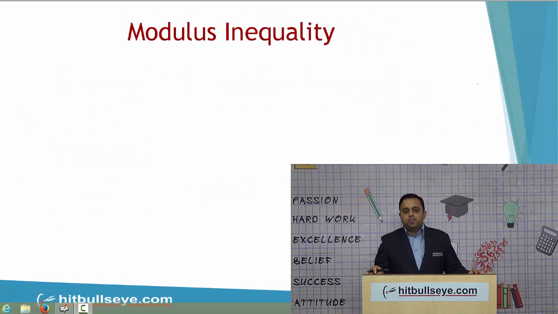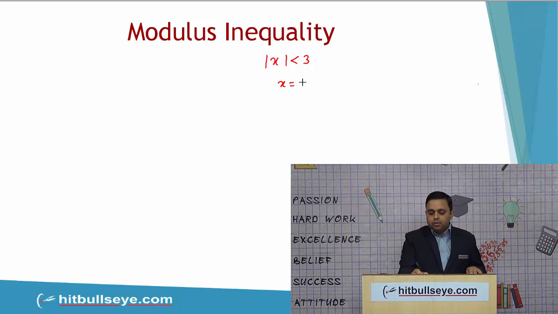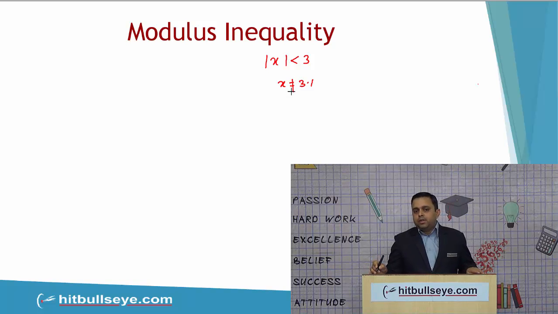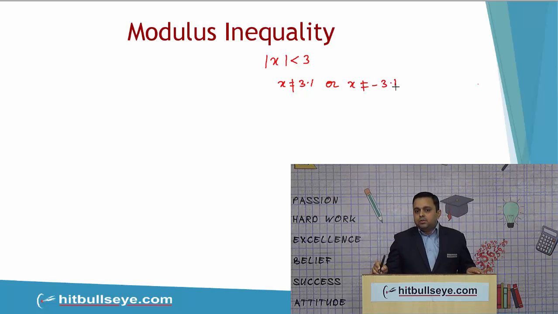Now we will discuss the modulus inequalities. Let us have an inequality mod x less than 3. Here we can see that x equal to 3.1 will not satisfy this inequality, and x equal to minus 3.1 is also not a solution.